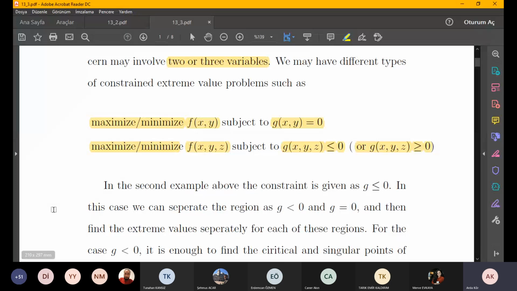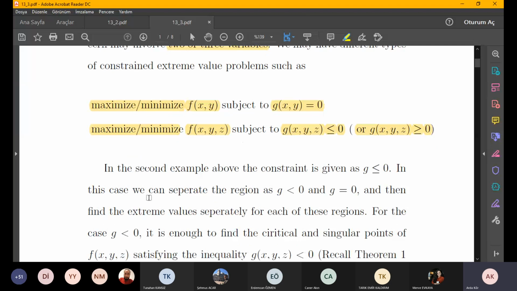So in the second example, the constraint function g is smaller or equal to 0.